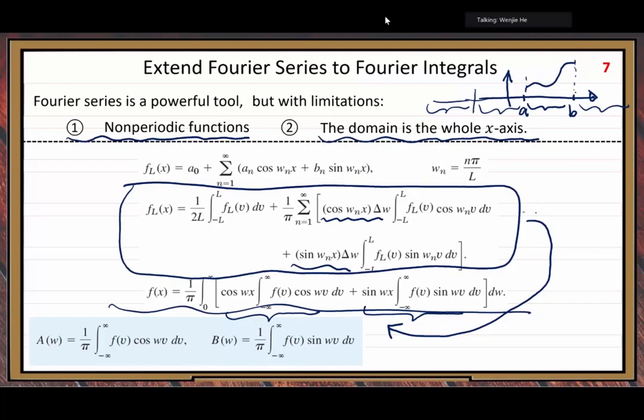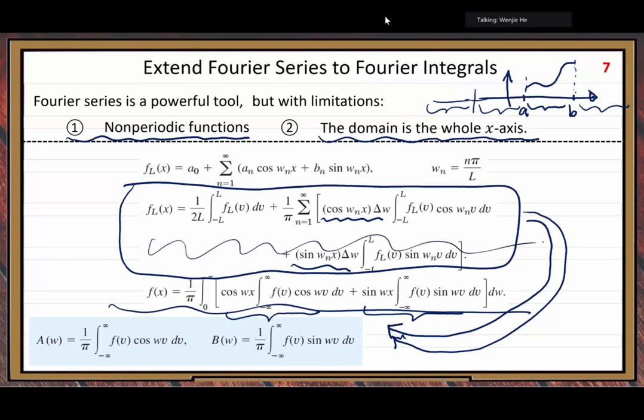So basically, people just try to get some inspiration, something reasonable, but it may not be rigorous math. This part is for the inspiration part.